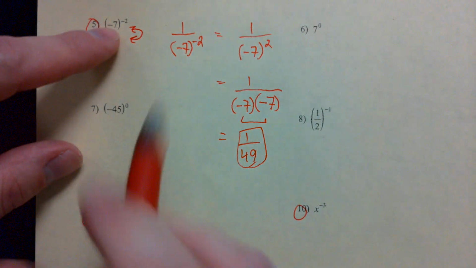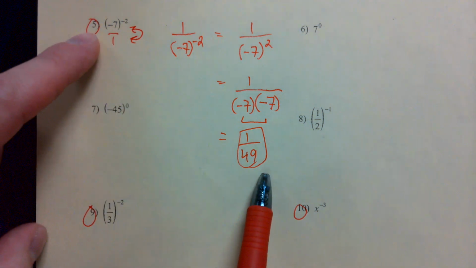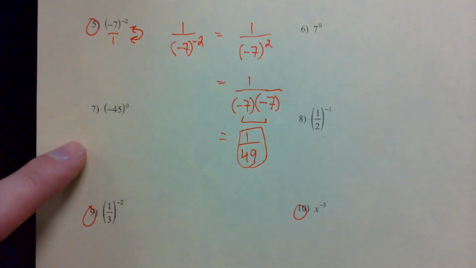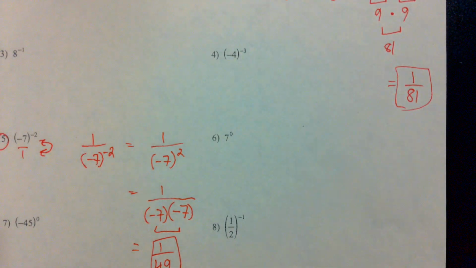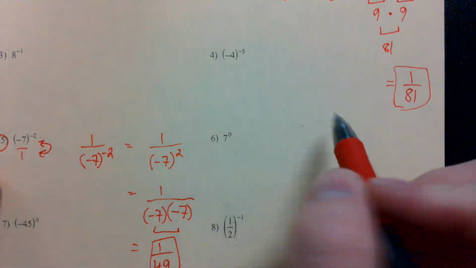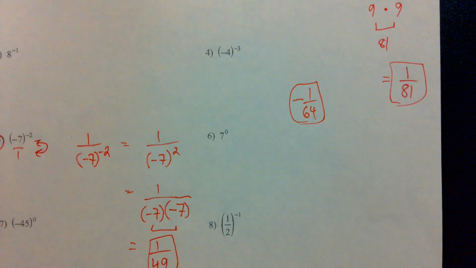So even though our base was negative to start, our answer is still positive. Right? Which is different than number 4. Number 4, we start with a negative base, but we end with negative 1 over 64 as an answer.